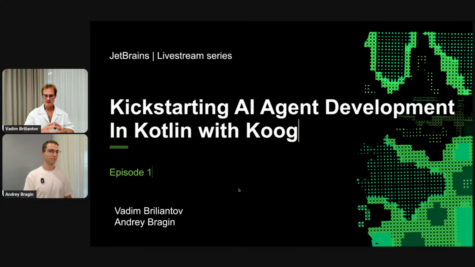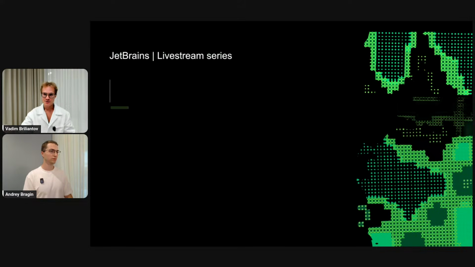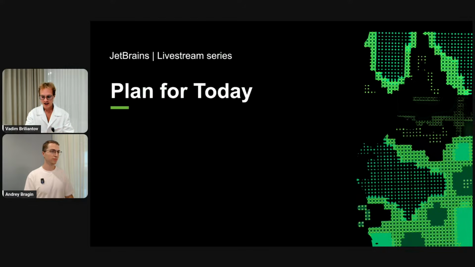Today is basically the first of currently 2 episodes that we have planned, and it's going to be more of a basic introduction into building AI agents with Koog, and the next one will be more advanced. So the plan for today.